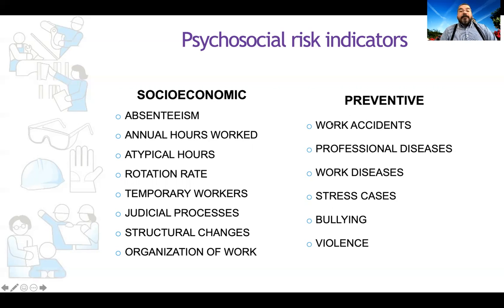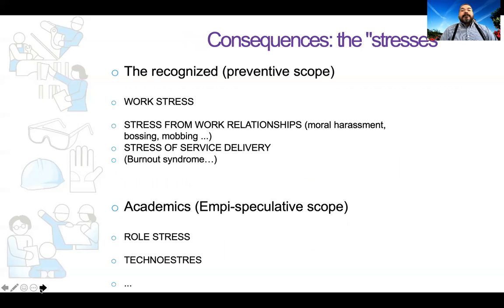And as preventive, we want to prevent work accidents, professional diseases, work diseases, stress cases, bullying, and violence. In terms of consequences from stress, for example, we must work on moral harassment, the mobbing model, the burnout syndrome.